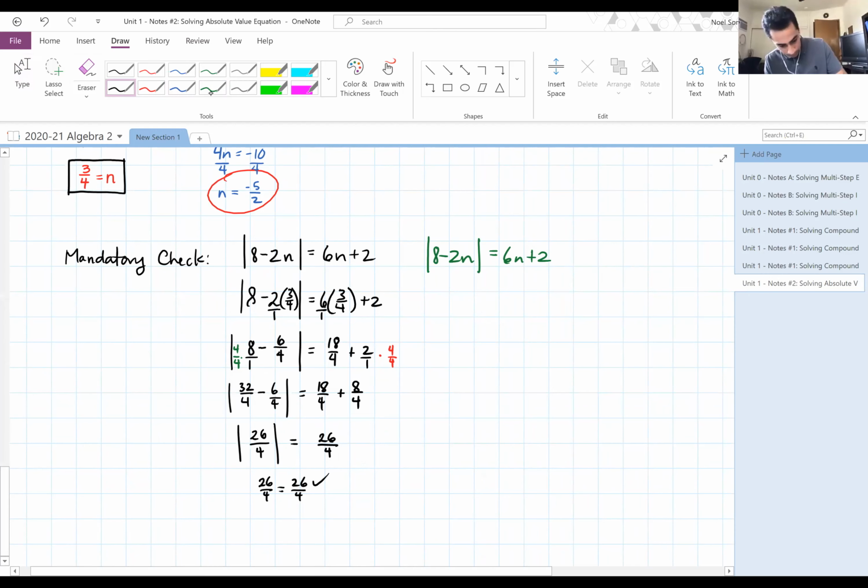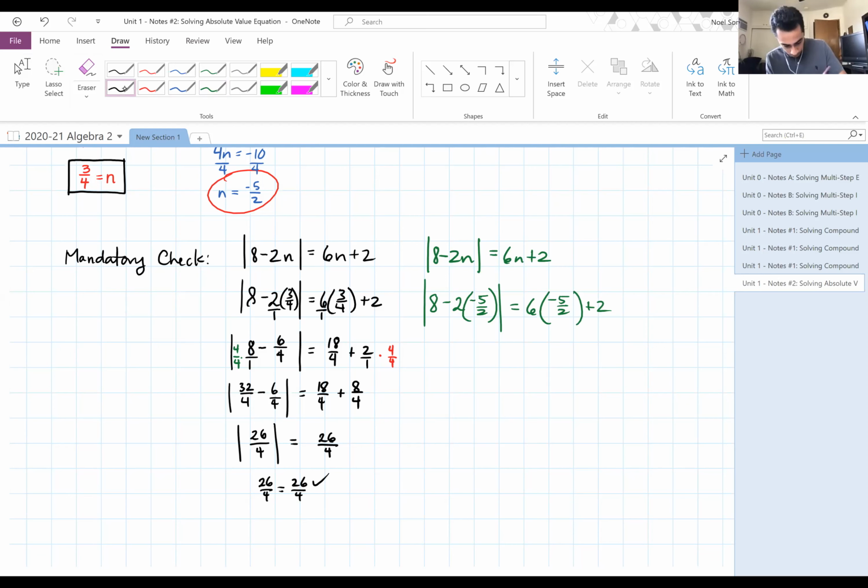So we have the absolute value of 8 minus 2 times negative 5 over 2, inside the absolute value, is equal to 6 times negative 5 over 2 plus 2. I think this one might be a little less work because the 2's can be reduced.